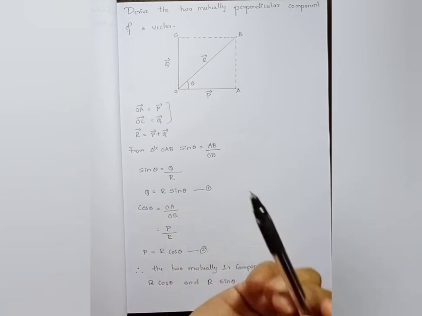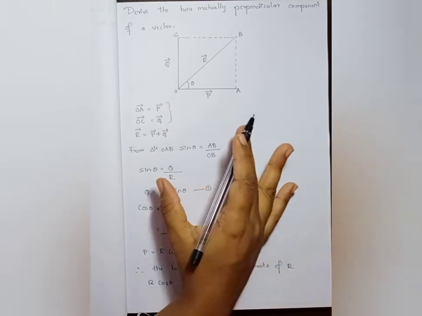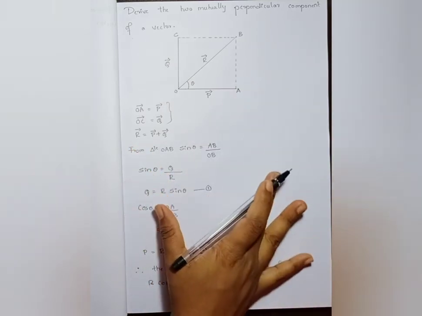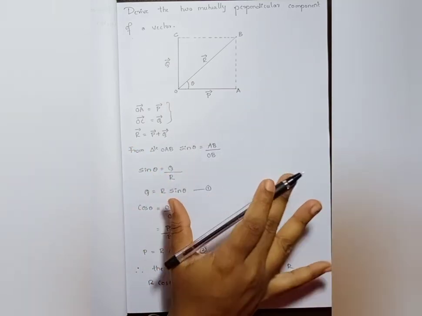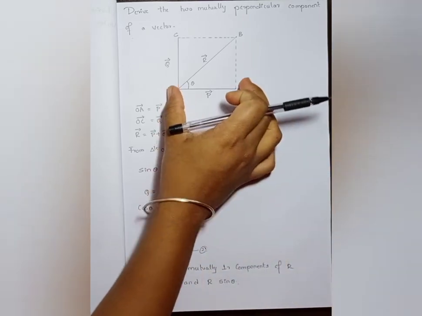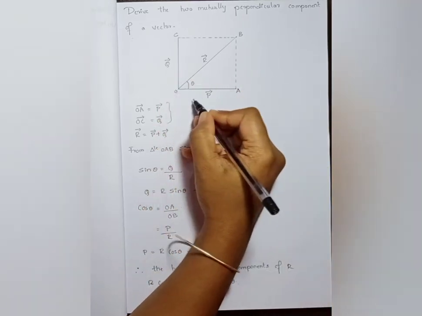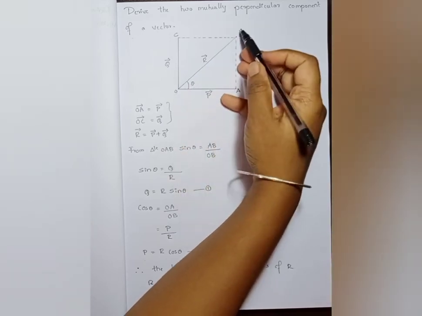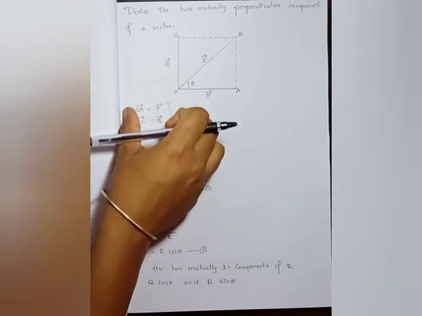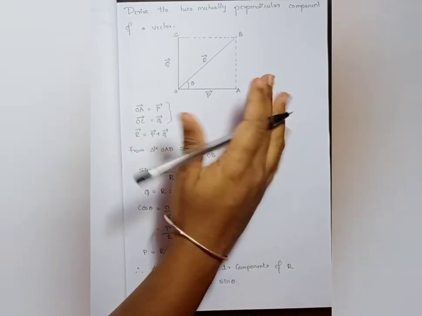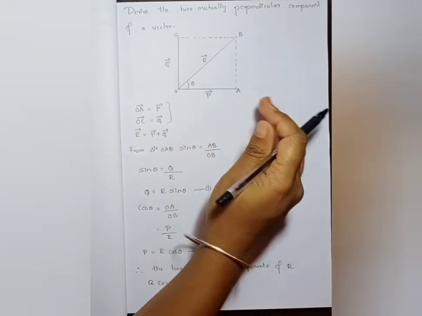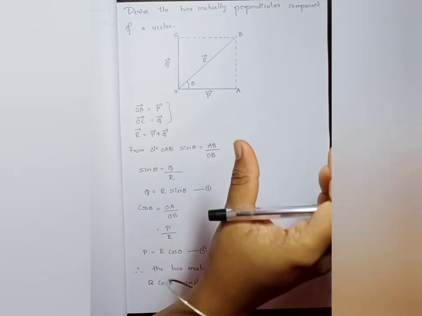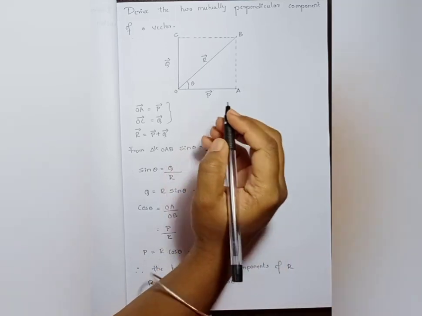It's important. Derive it, and before going on to any derivation, I'll tell you, if you draw a diagram, you have to write a statement. Consider R is a vector. Don't go on writing without it. You have to write, consider the vector R. That is the skill of making perfect notes.